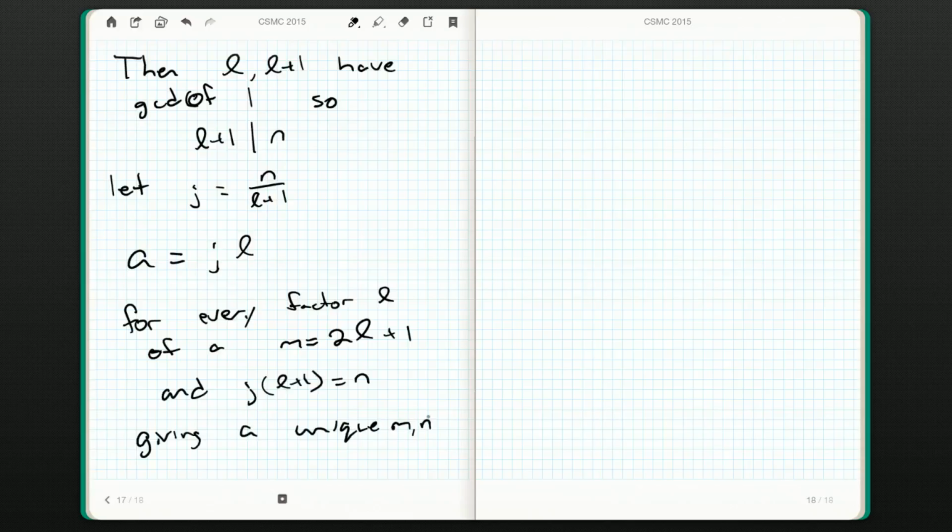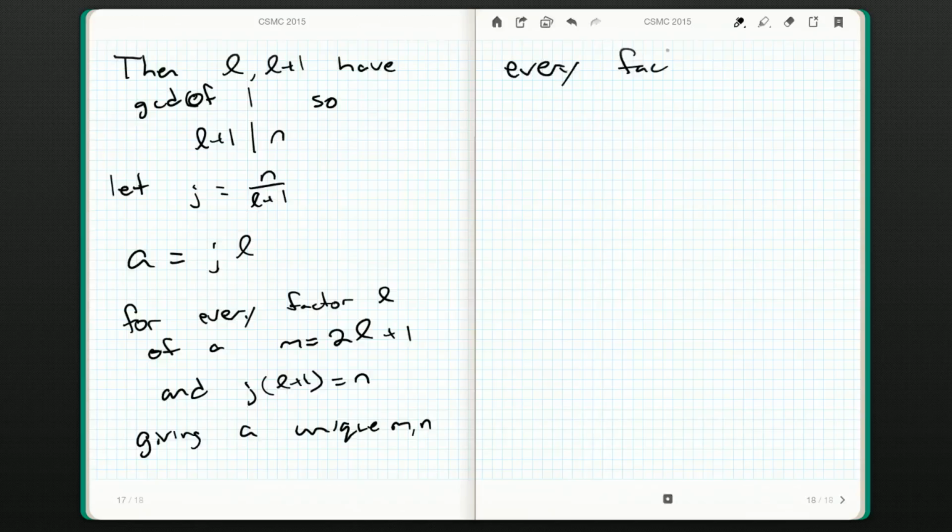Okay. So, I think based on this last case, every factor of A contributes a pair m and n.